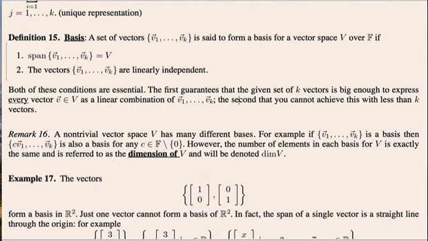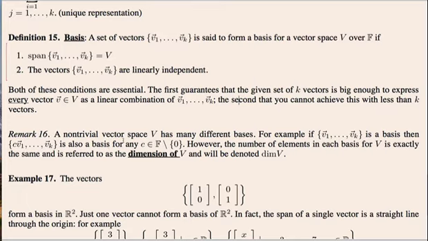A non-trivial vector space V can have many different bases. Just to mention, if you have v1, ..., vk, a basis, then if you multiply a basis element, for example the first one, by any constant c which is not 0, then this will also be a basis. It's easy to see that.